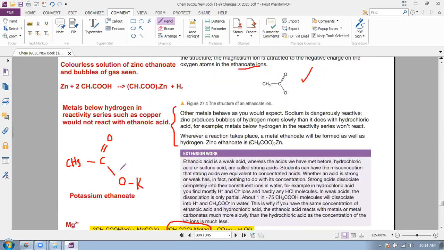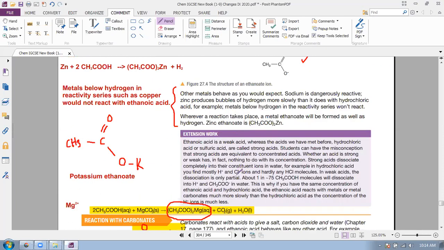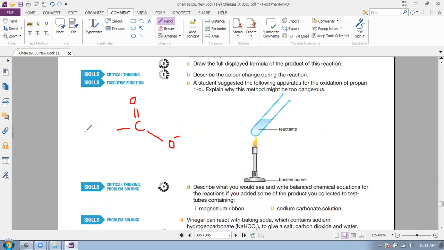This is the structure of the ethanoate ion, just CH3 here, and we will write CH3, CH2 to make it the propanoate ion. All right, this is the propanoate ion, 3 carbons.